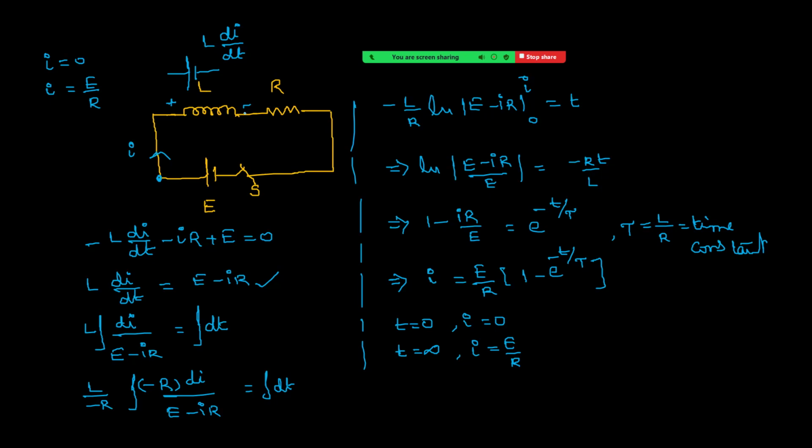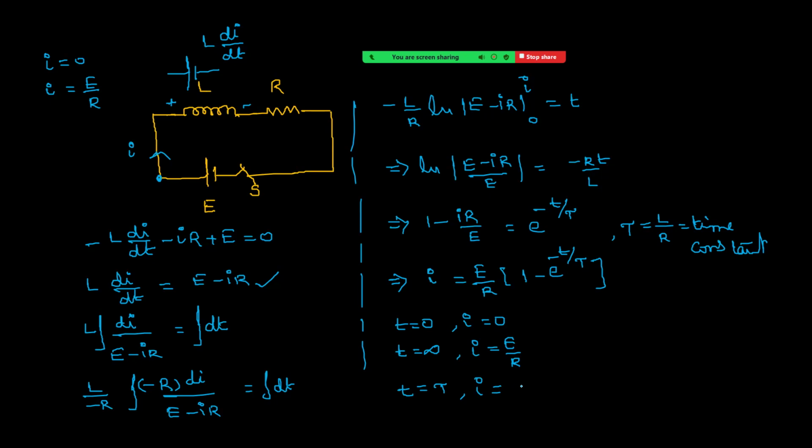We can keep these points in mind while solving problems. Now see the value of current when t equals tau, one time constant. It is E by R into 1 minus 1 by e.